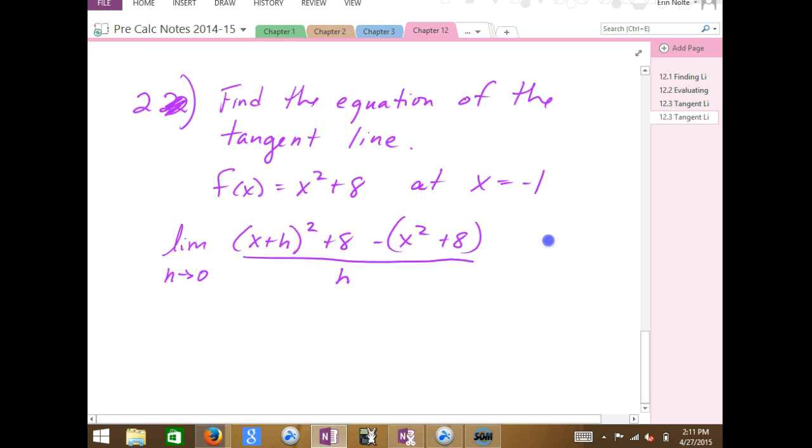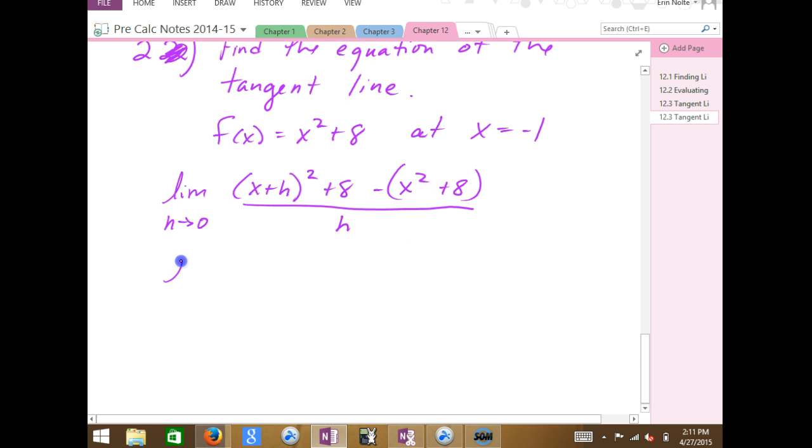Okay, so now I'm going to simplify on the top. What do I have to do first? You have to FOIL it. Yep. So I have to FOIL, so that would give me x squared plus 2xh plus h squared plus 8 minus x squared minus 8.